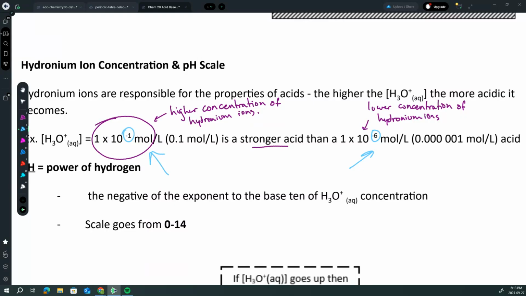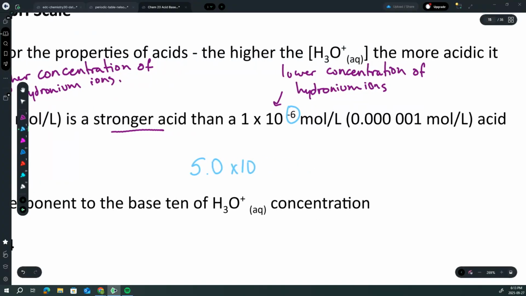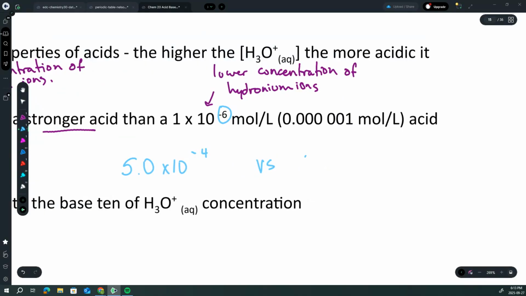If the exponents happen to be the same, let's say we had a value of 5.0 times 10 to the power of -4 versus 3 times 10 to the power of -4, mole per liter, I should put my units.